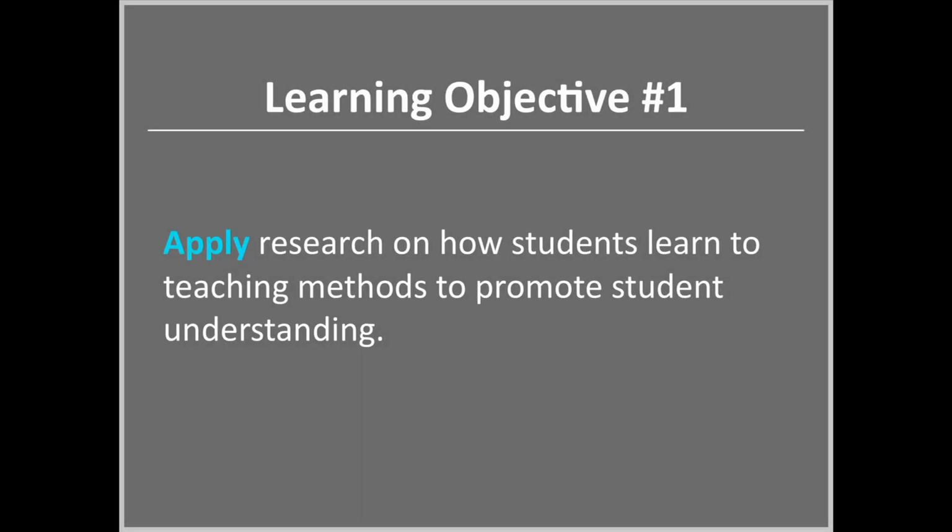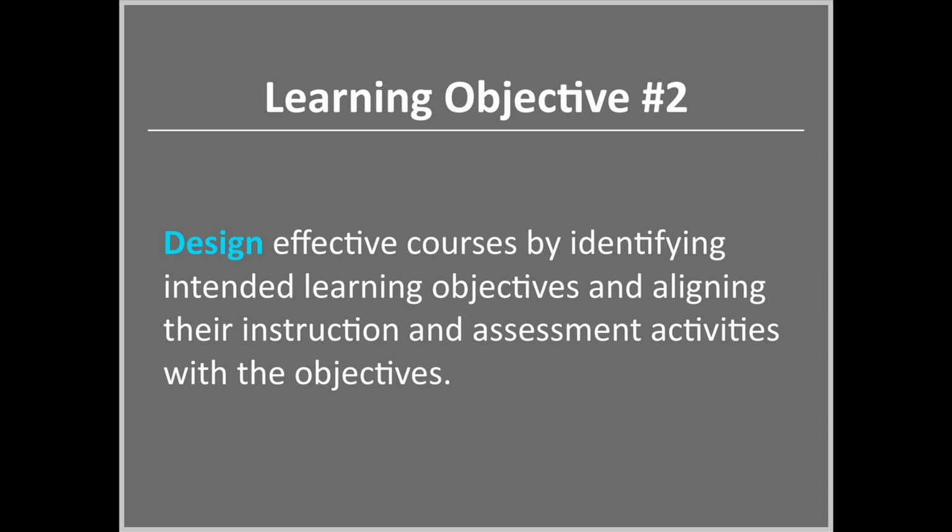By the time you complete this course, you should be able to: 1. Apply research on how students learn to your teaching methods to promote student understanding. 2. Design effective courses by identifying learning objectives and aligning assessment activities and instruction with those objectives. 3.